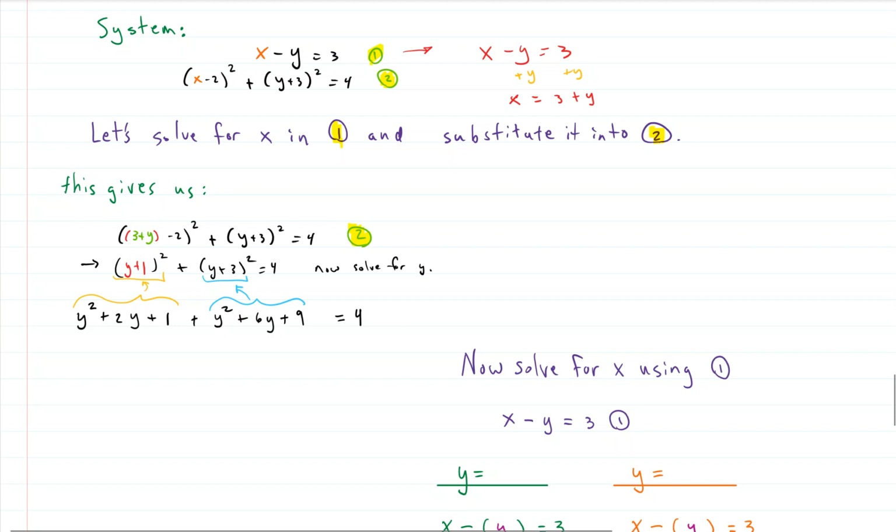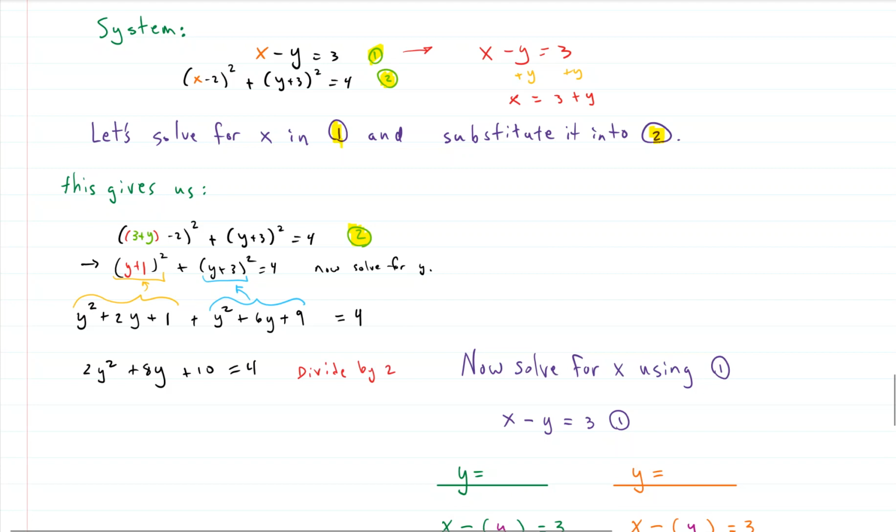So if we gather our like terms, we've got a y squared and a y squared. That gives us 2y squared. And we have a 2y and a 6y. That gives us 8y. And a 1 and a 9, which give us 10. Equals 4. We could divide by 2 everywhere now, because I can see all of the coefficients are divisible by 2, and that'll help us simplify.